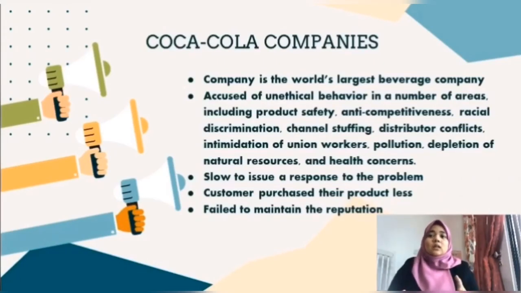Despite the crucial cases, Coca-Cola was slow to respond to this issue. Taking several days to address the media, the company initially judged the problem to be minor and did not immediately investigate the extent of the issue. This slow response time led to a public relations nightmare.